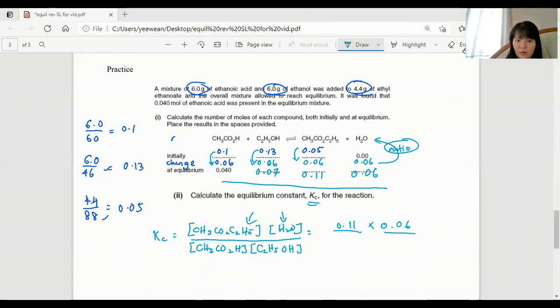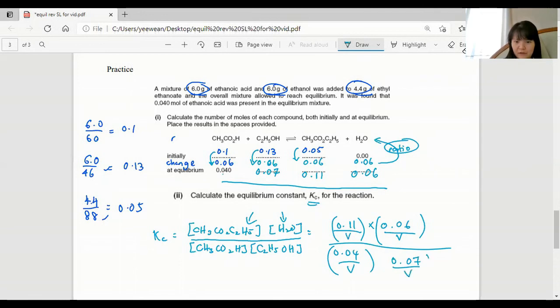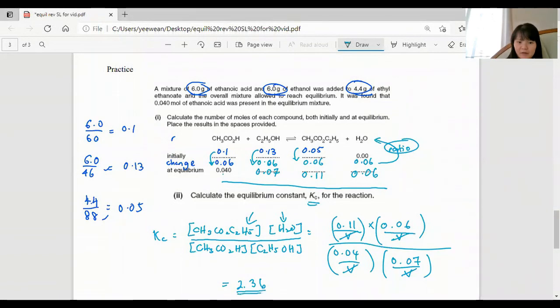So 0.11 over V, we don't know the volume, and 0.06 over V, and 0.04 over V, and 0.07 over V. So all the V can be cut off, and this will end up without a unit as well. So I have the answer without a unit.